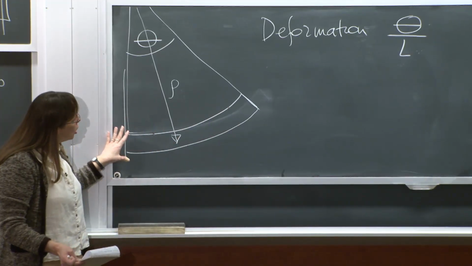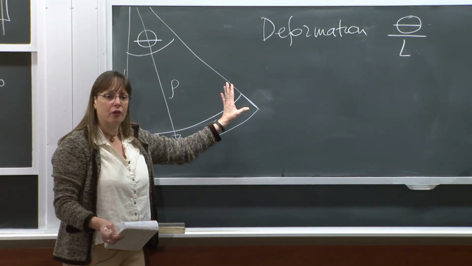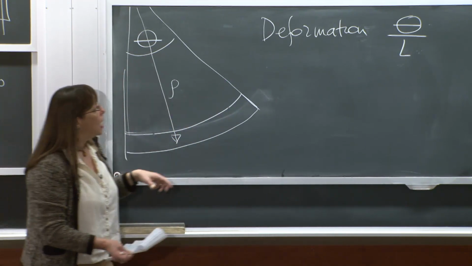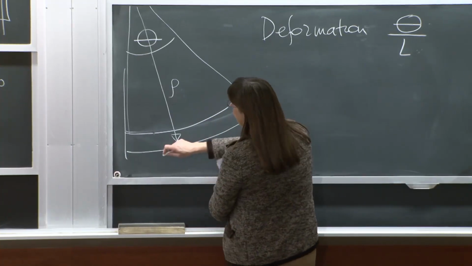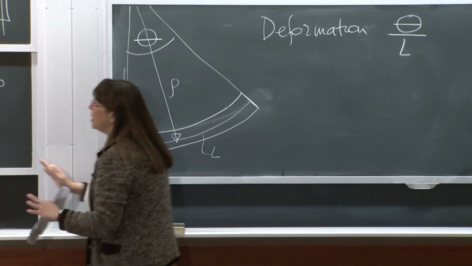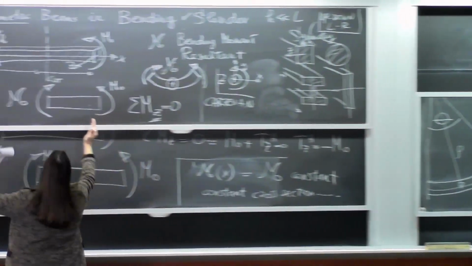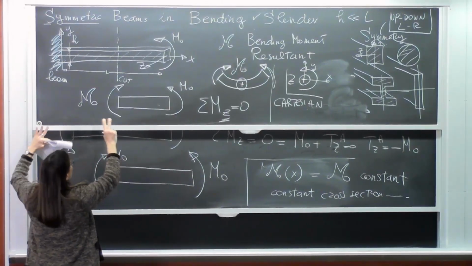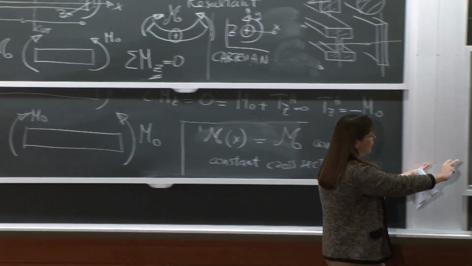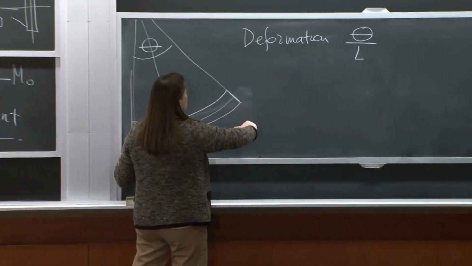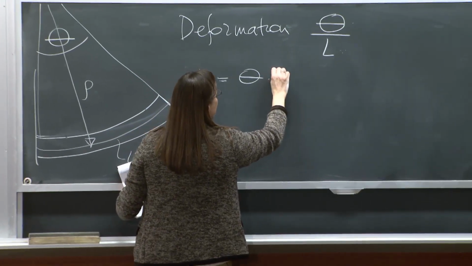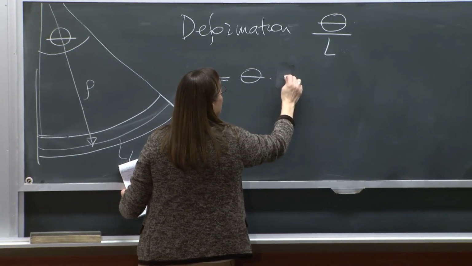So the whole thing is going to curl up in an arc of a circle, and the radius of this arc I call rho. I drew it very curly, but in 201 we don't do that much deformation. If the length of the beam is L, after it curls up it is still L, so the length of the beam is equal to theta times this radius rho.